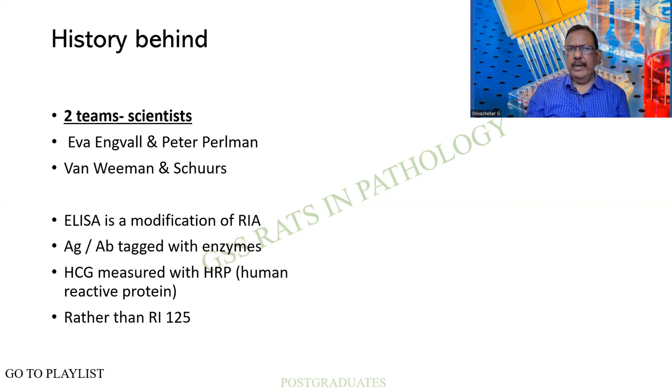So we shall be having a fundamental of it. I shall be covering the others in the days to come. So you find that there is an antigen and antibody that is tagged onto a substrate which can be identified, and the entire thing either seen or measured. HCG, for example, is measured with horseradish peroxidase rather than radioiodine 125.